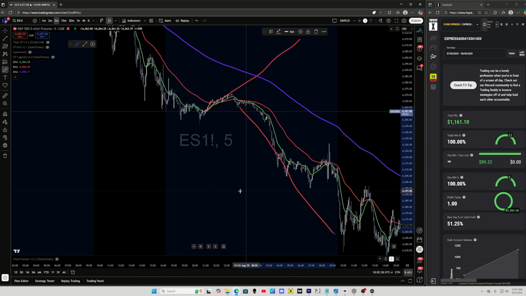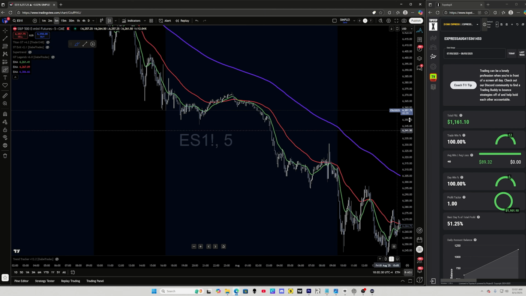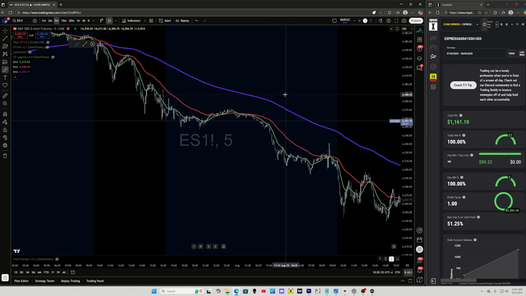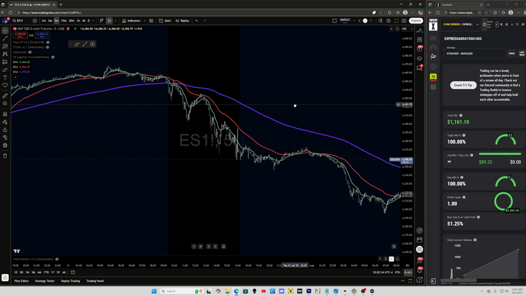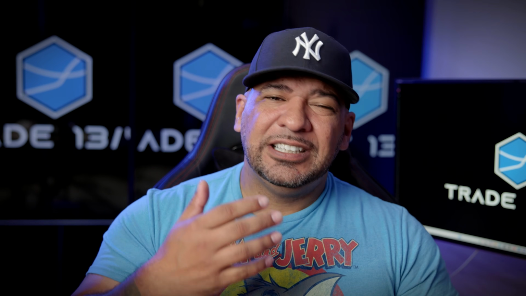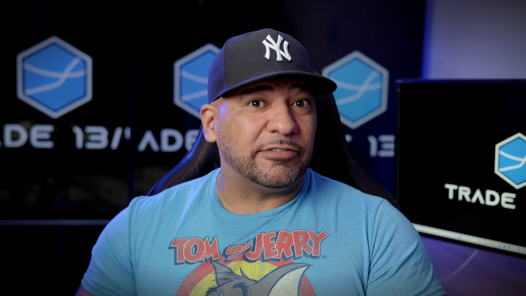Okay, so as promised, I'm going to illustrate the evolution of the system because, well, I got a lot of flak when I launched this. Oh, it's just an EMA cross. Listen, at the end of the day, the market is all about moving averages or averages in general. Candles are noise.